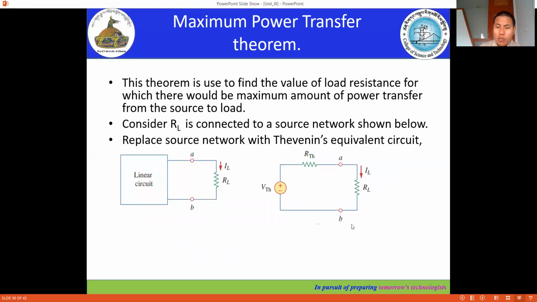The same amount of power is lost or consumed by the internal circuit, which means the total power delivered by the source will be this plus this, or 2 times this power.